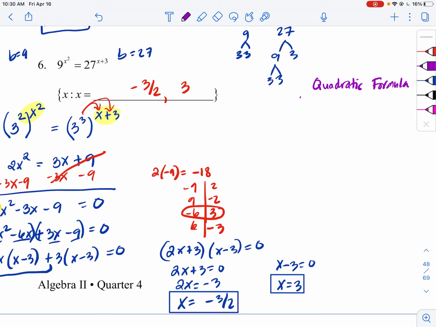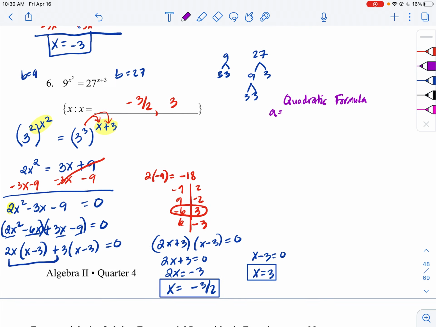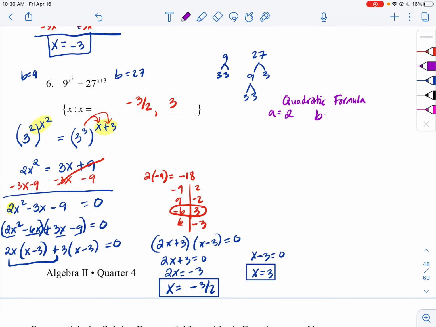Let's put A is equal to, what's our A? 2. B is negative 3, right? And then C is equal to negative 9. So the formula is negative B over 2A, plus and minus the square root of B squared minus 4AC, divided by 2A.